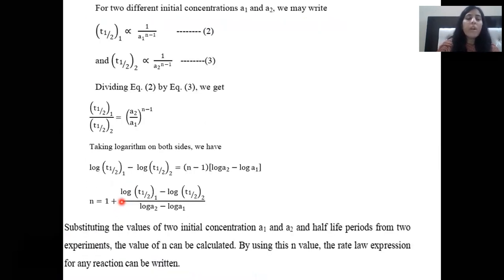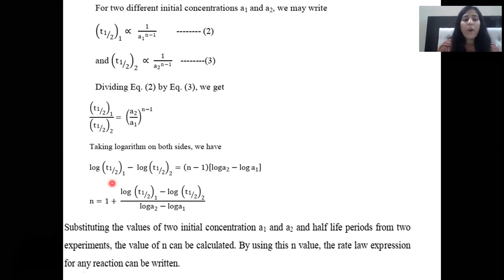For two different initial concentrations a1 and a2, we may write this is half-life 1 having concentration a1 and this is half-life 2 having the concentration a2. Now divide equation 2 by 3, we get half-life 1 divided by half-life 2 equal to this. Now taking logarithm on both sides, we get this is the log of m by n. So we know that log of m by n is equal to log m minus log n.